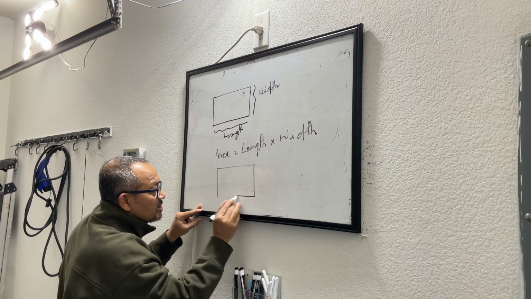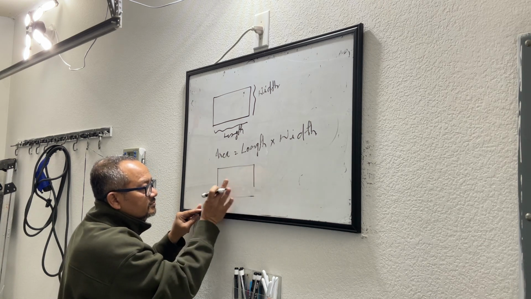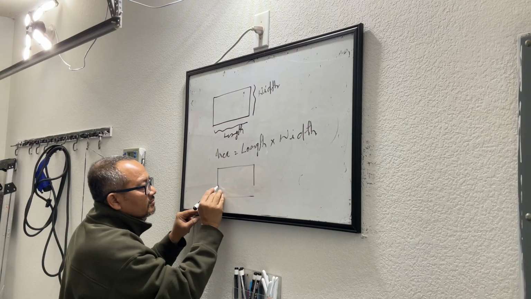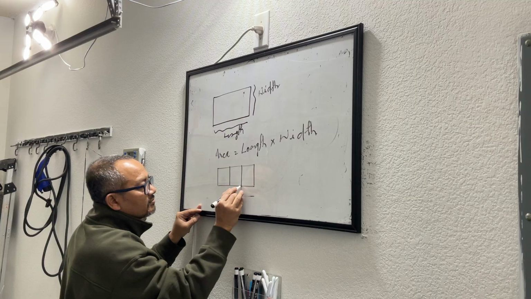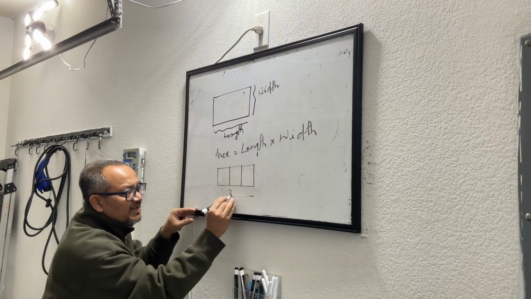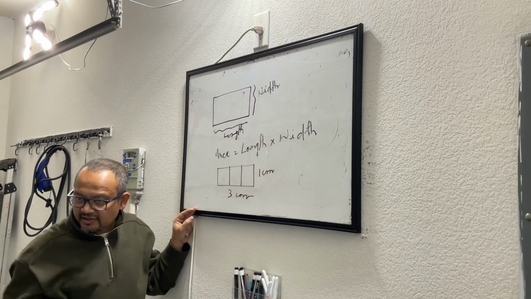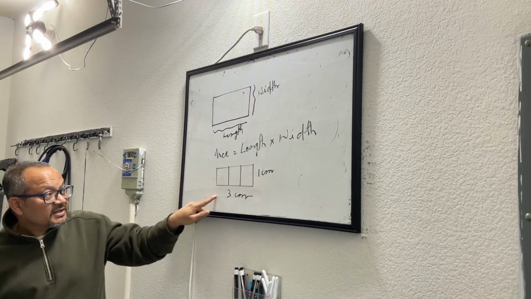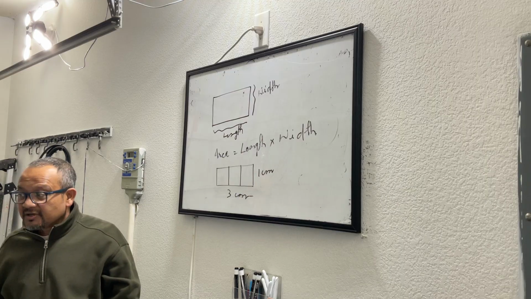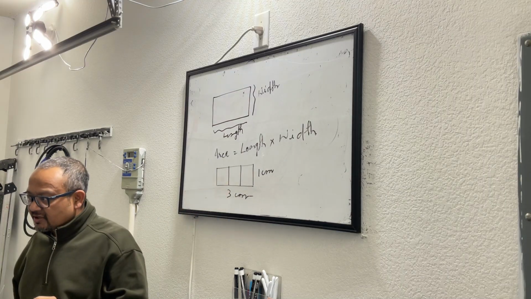Let's say I am talking about a rectangle which is 3 centimeter long and 1 centimeter wide. As soon as I say what is the area of the rectangle, you will say length times width, 3 times 1, sorry, 3 centimeter square. Correct?